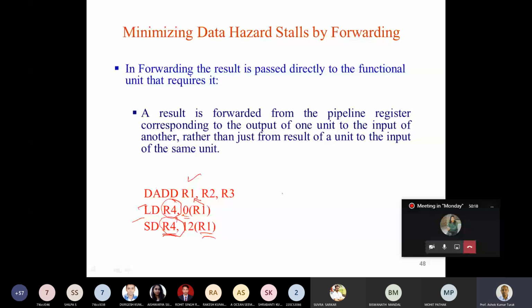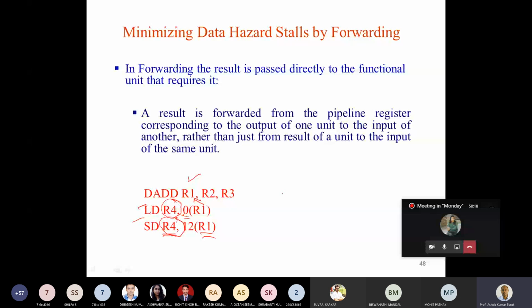Let's look at this. This is my add instruction. So the add instruction is computed, and the result is available at the end of clock cycle 4 in this pipeline register. Let's look at the load instruction.